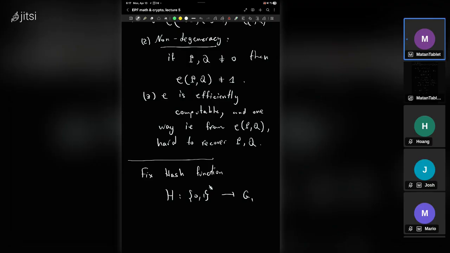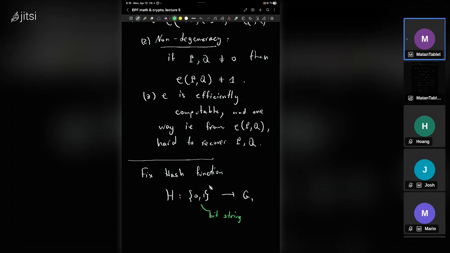We talked about hash functions. You are used to hash functions that take a bit string, this is the set of bit strings, and give you a limited length bit string, let's say a 256 bit string.